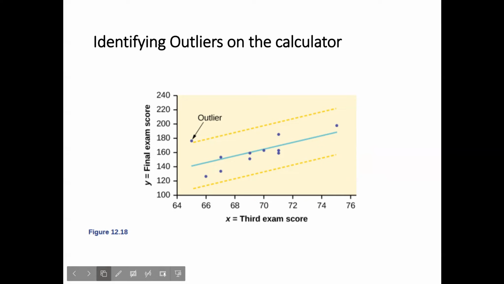All right, are you ready? So we go to our y equals. There we go. There's my regression line, and I'm going to go down to y2. And I'm going to type in y1, that equation above, plus 2s.